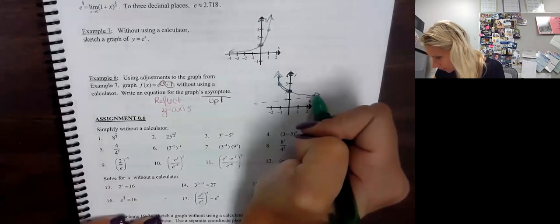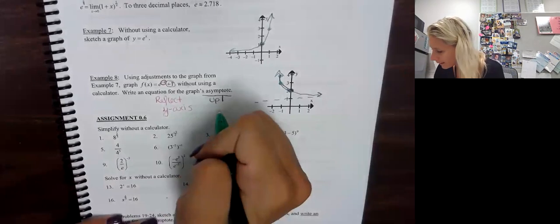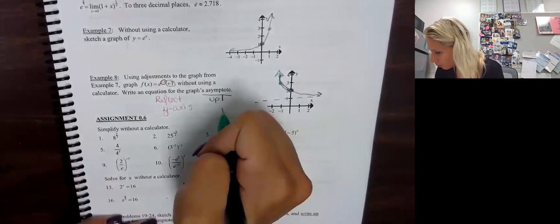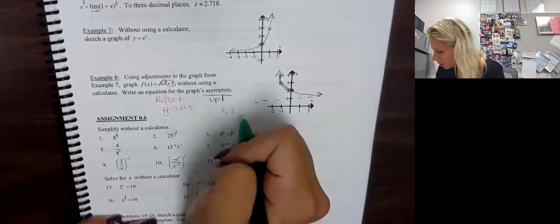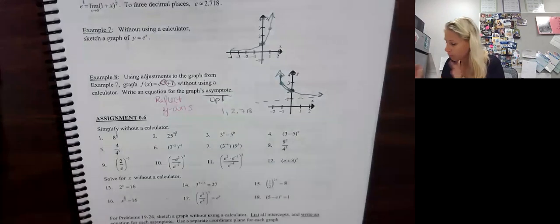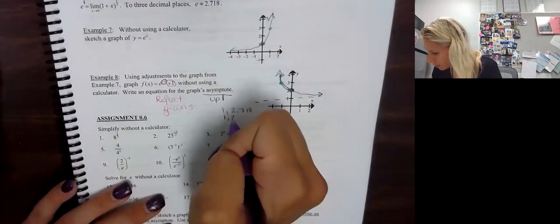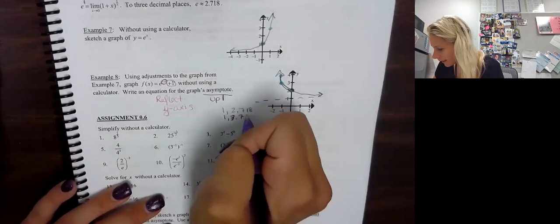And then we come across the asymptote. Remember, because we're going up 1, instead of it being at (1, 2.718), because that was the original, if we move it up 1, it's going to be at 3.718.